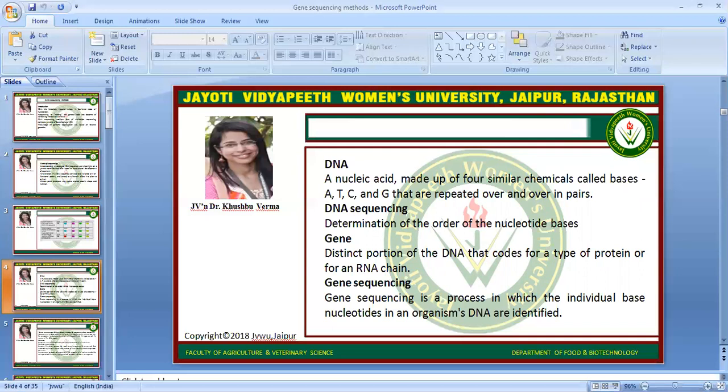DNA sequencing is the determination of the order of the nucleotide bases. What is a gene? A distinct portion of the DNA that codes for a type of protein or for an RNA chain. What is gene sequencing? Gene sequencing is a process in which the individual base nucleotides in an organism's DNA are identified.